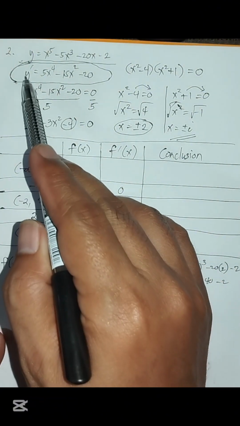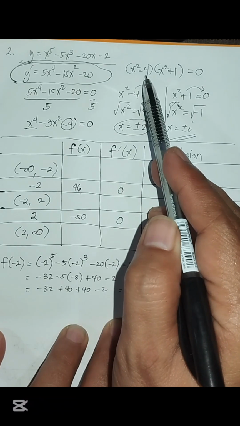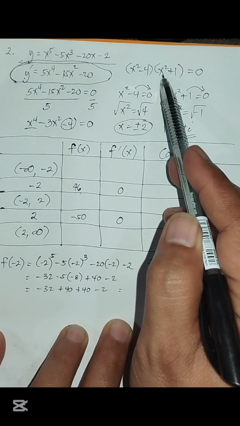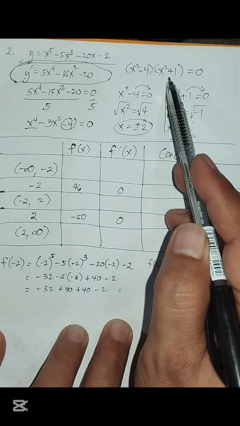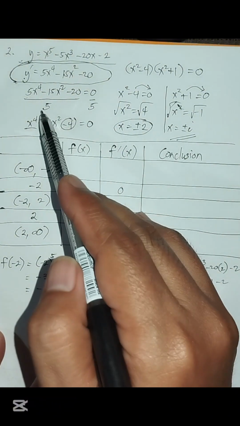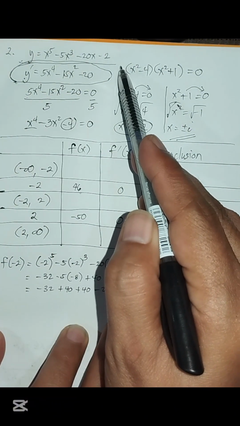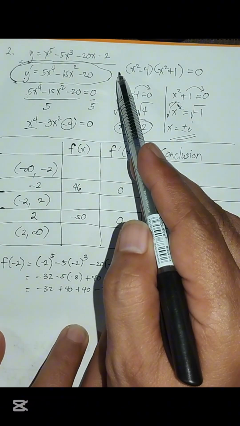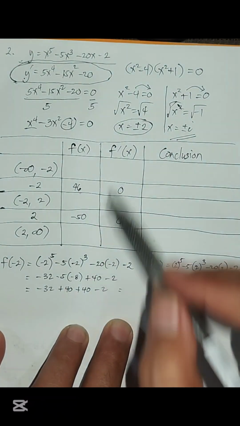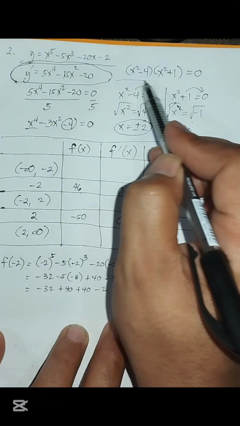The factored form of this is x squared minus 4 and then x squared plus 1, divided by 5. But we are only interested in the sign, so it's okay if we substitute in the factored form.